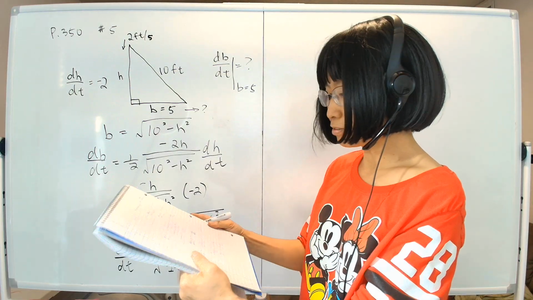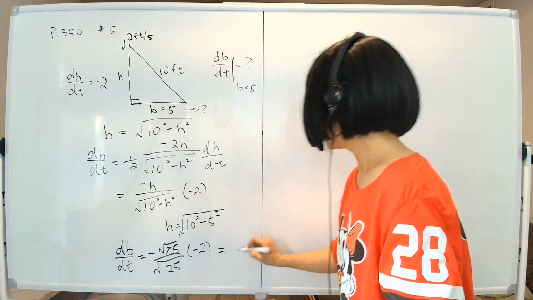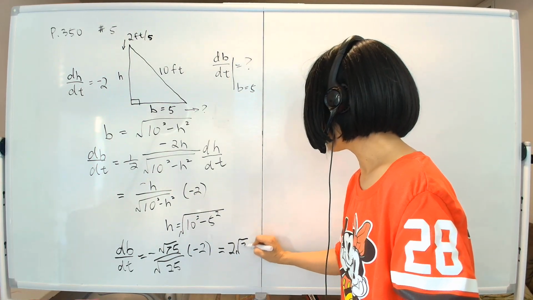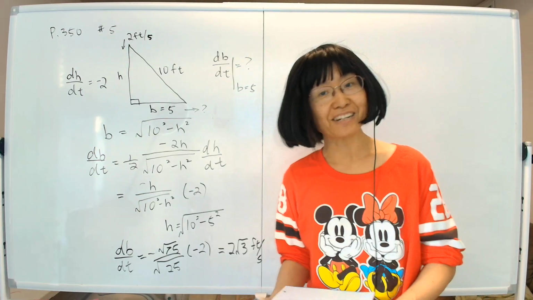So the whole value is going to be positive, and when the dust settles, you get 2 square root of 3. That's feet per second. And that is the right answer.